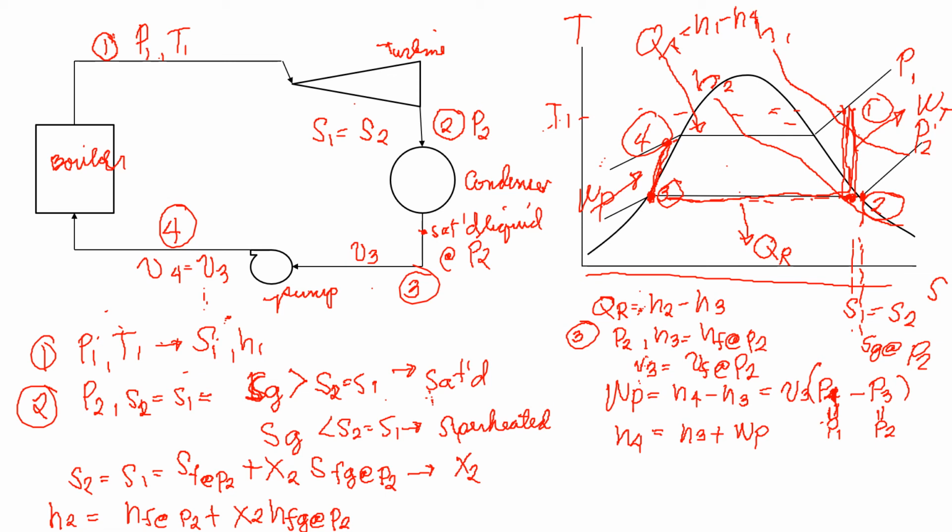H1 minus H4. But we all know this is your point 4. The pressure of point 4 is equal to your pressure 1. Okay. The H4 is given from here.